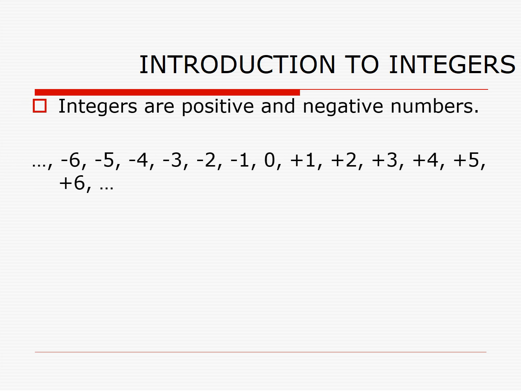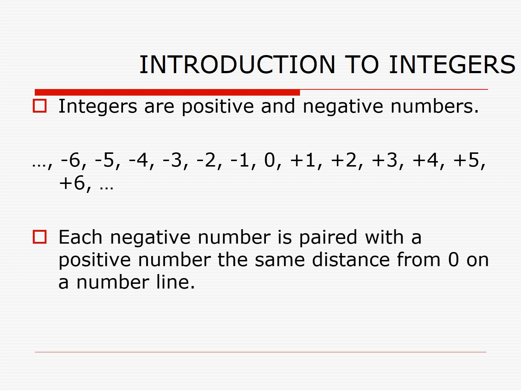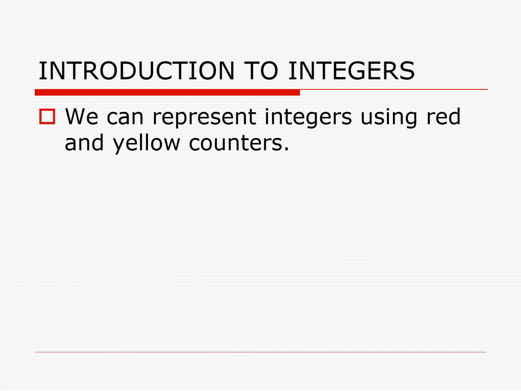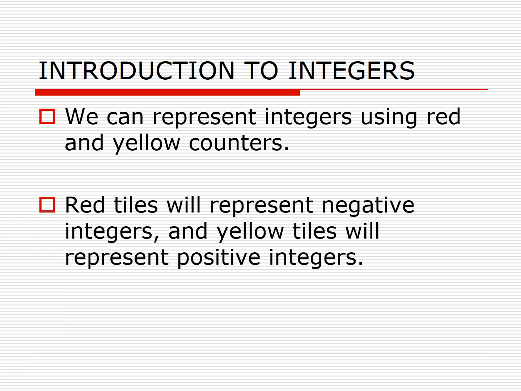Integers are positive and negative numbers. Each negative number is paired with a positive number the same distance from 0 on a number line. We can represent integers using red and yellow counters for a better understanding.